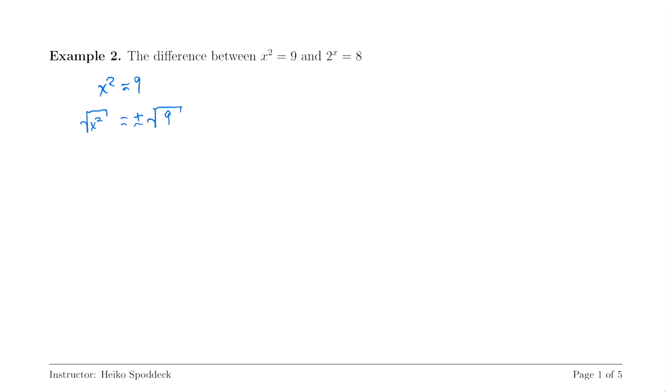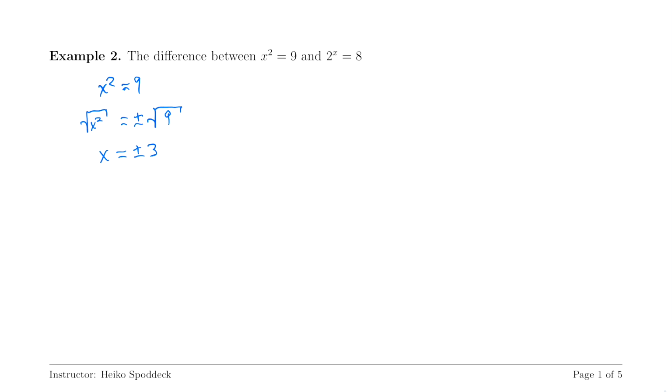We get plus or minus the square root of 9, and then the square root of x squared is x, and the square root of 9 is 3. So our answer is x equals plus or minus 3. And so that is what we had discovered for the square root.